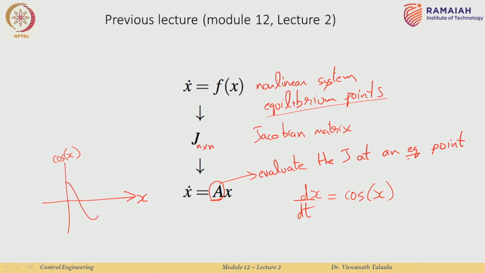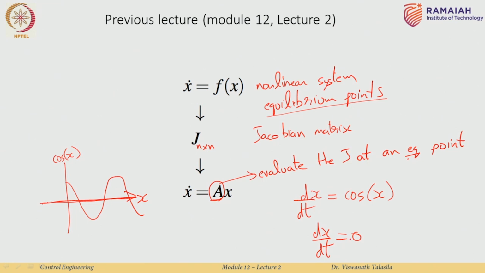So, you will actually get a graph like this. Now, if you recall the definition of an equilibrium point, it is basically where the derivative goes to 0. An equilibrium point is a point in the space of the independent variable. So, it could be any one of these points where the derivative goes to 0.